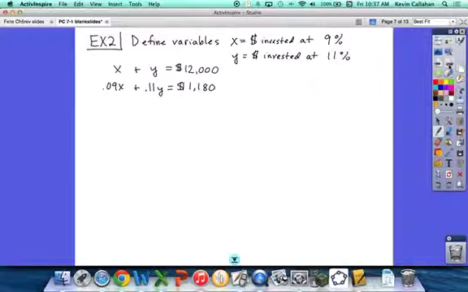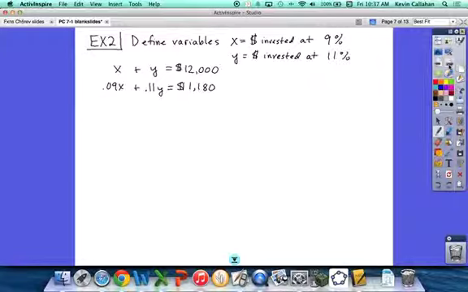In this one, it says a total of 12,000 is invested in two funds paying 9% and 11% simple interest. What do they mean by simple interest? I mean, not compounded. They don't worry about the compounding part. Just use those interest rates.